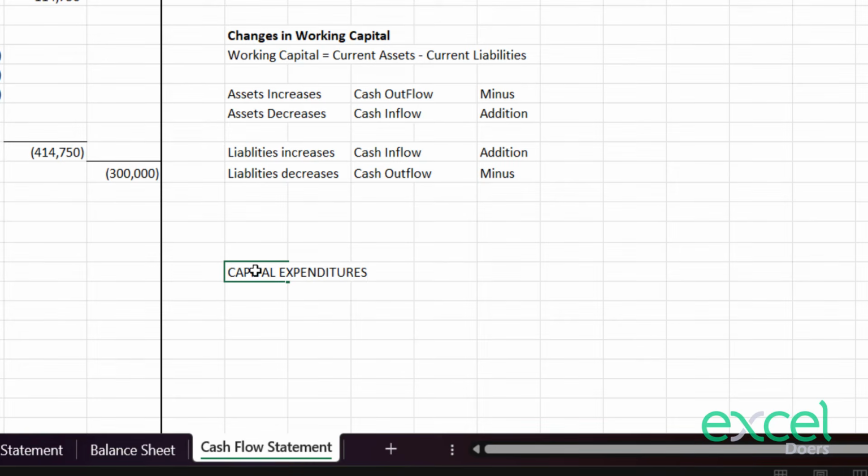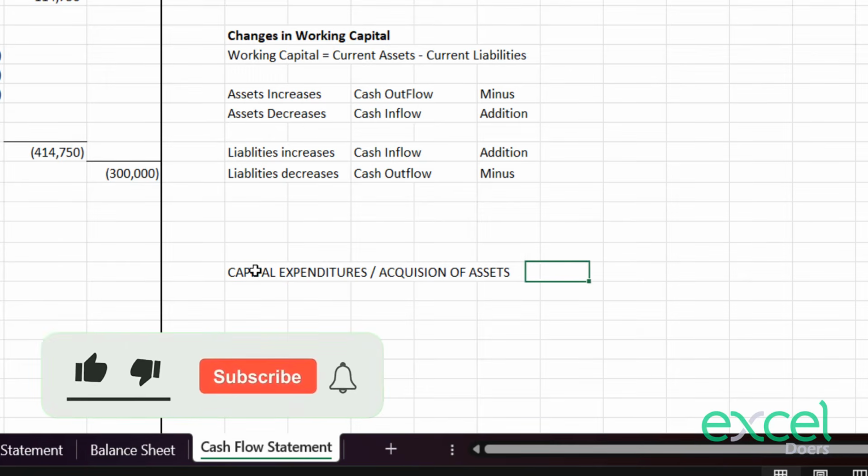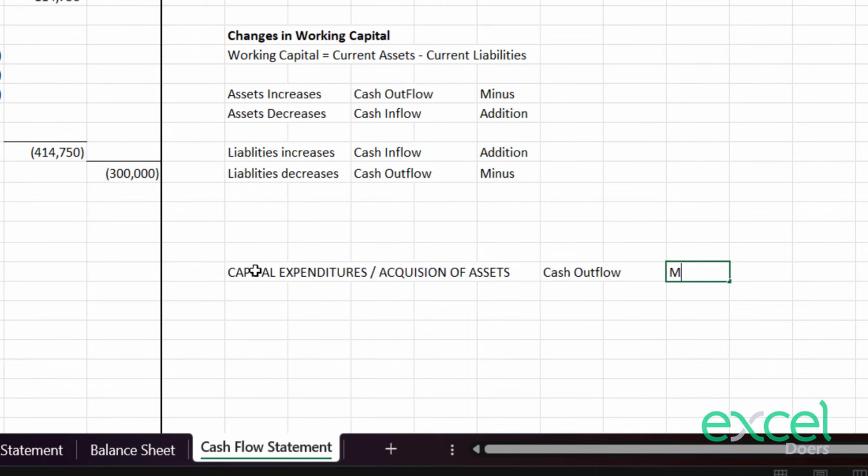Capital expenditures are basically the acquisition of assets. We can also call it acquisition of assets, right? So whenever there is an inflow of assets in your company, it means cash outflows, and cash outflows you will deduct from the cash.